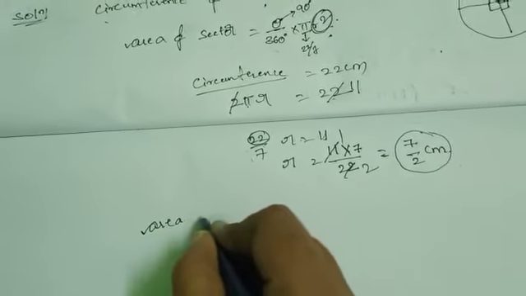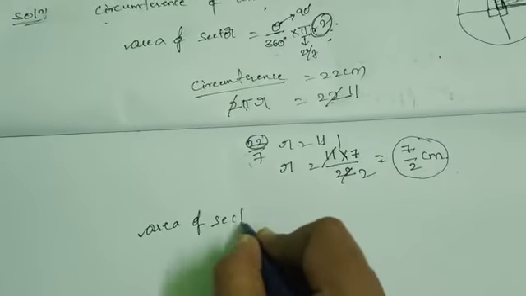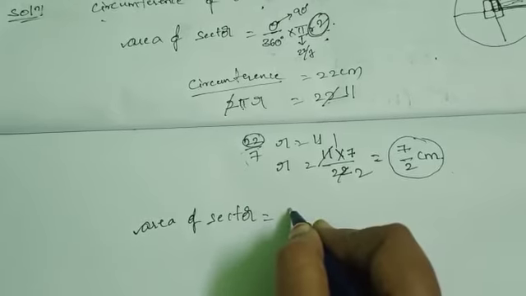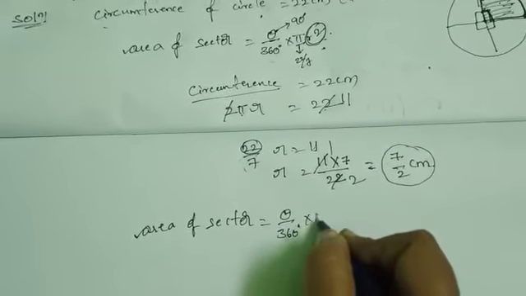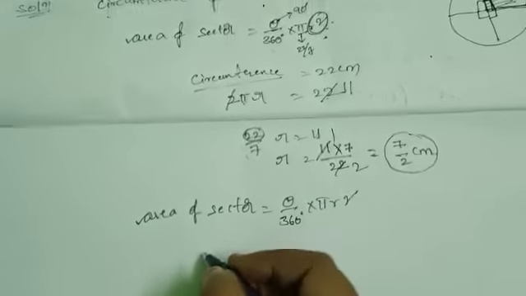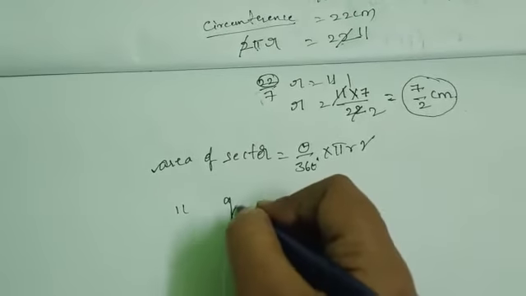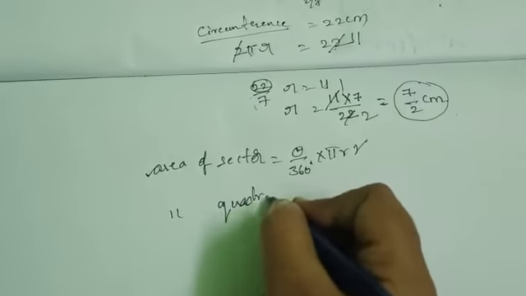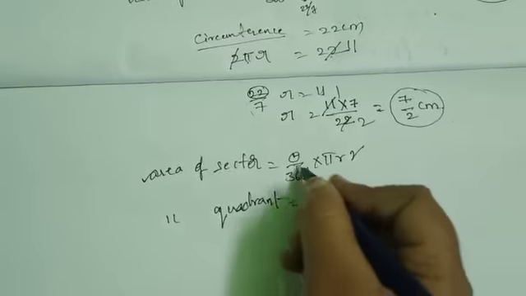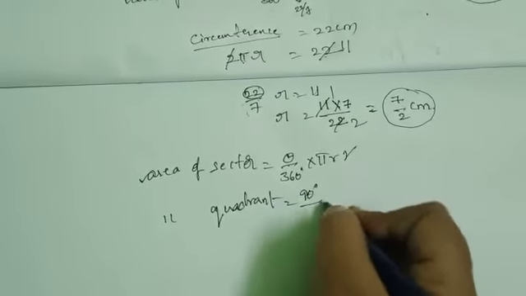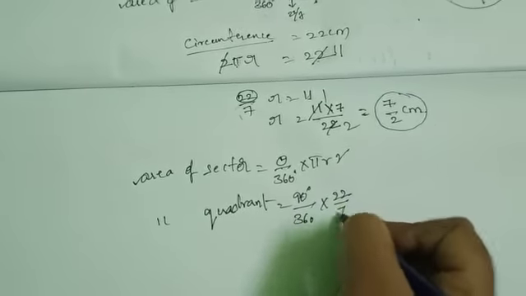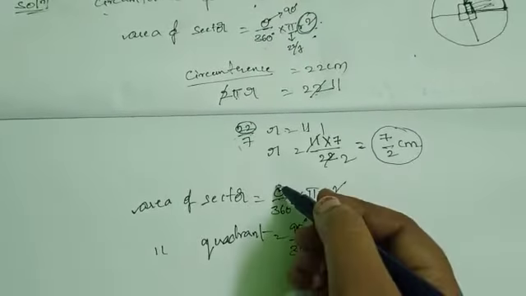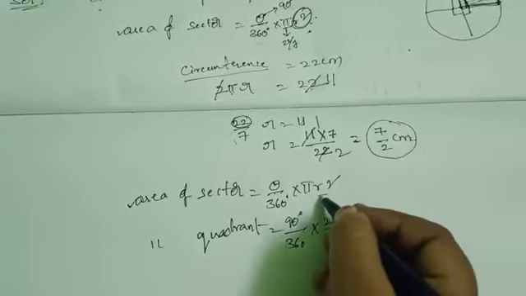Therefore area of sector equals theta by 360 degrees into pi r square. Here we have to find the area of the quadrant, equal to theta value 90 degrees by 360 into 22 by 7, using pi value 22 by 7.